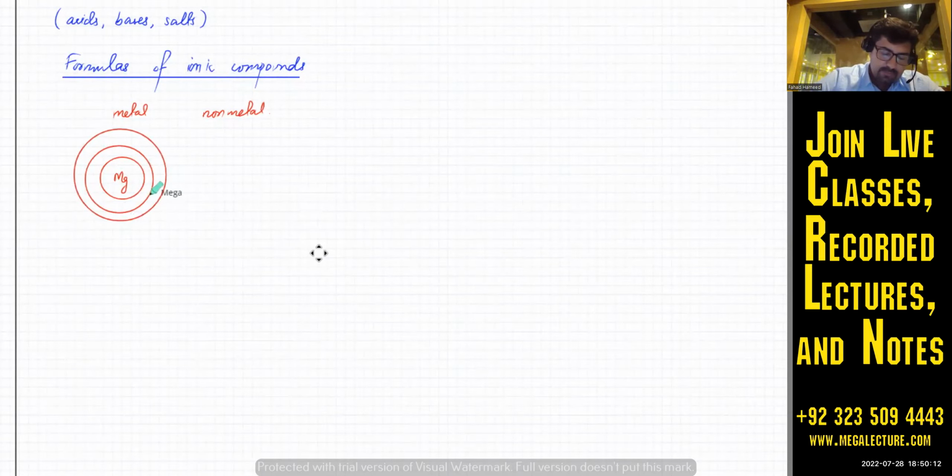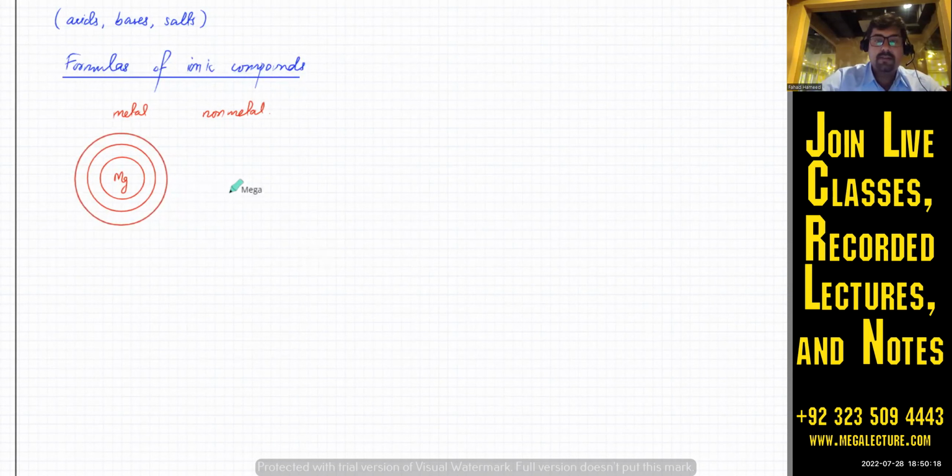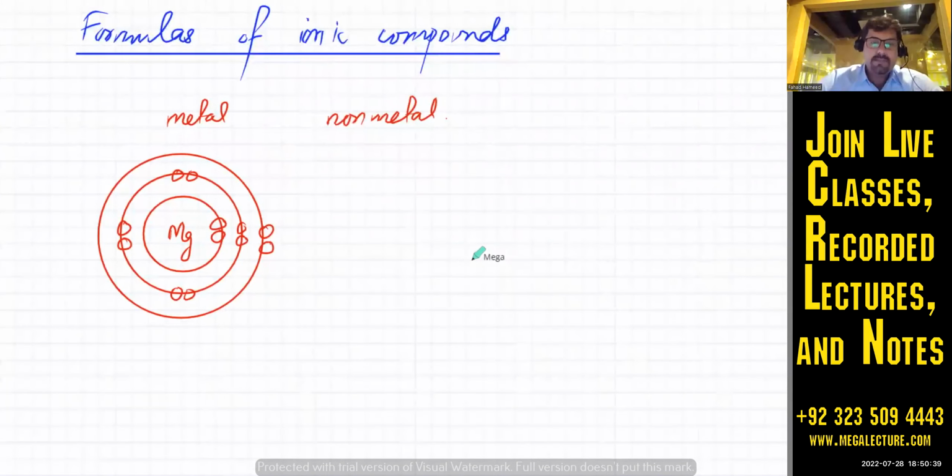Let me draw that. 2 electrons, 8 electrons, and then I have 2 electrons in the last shell. So that is what Mg is.